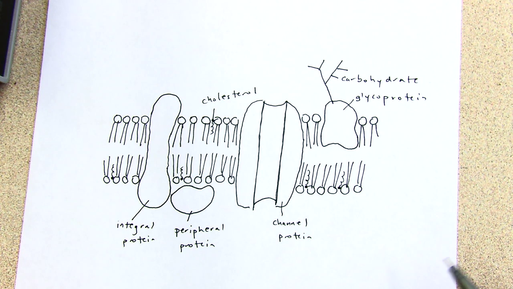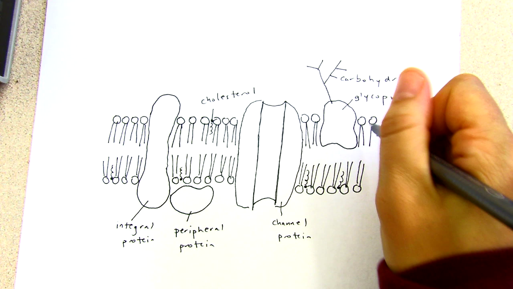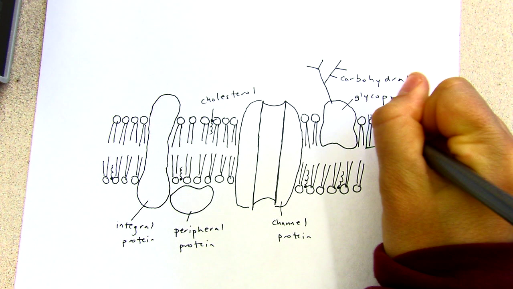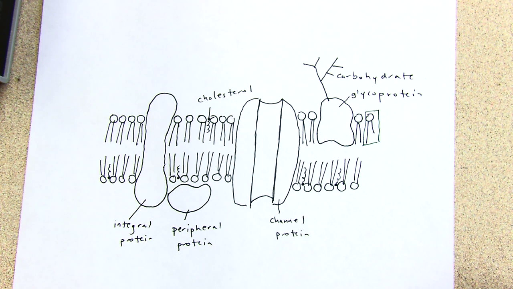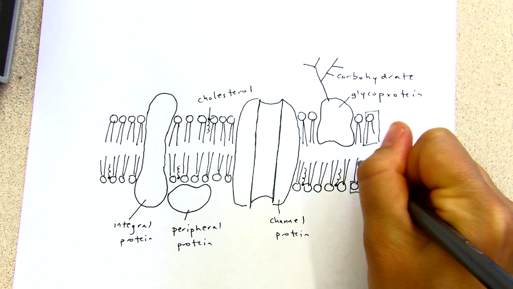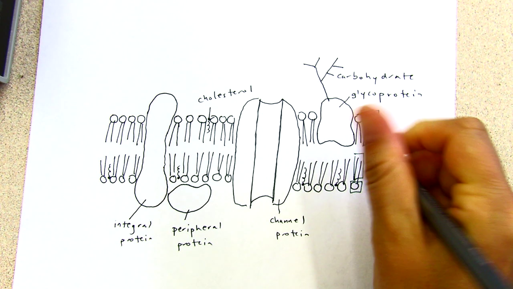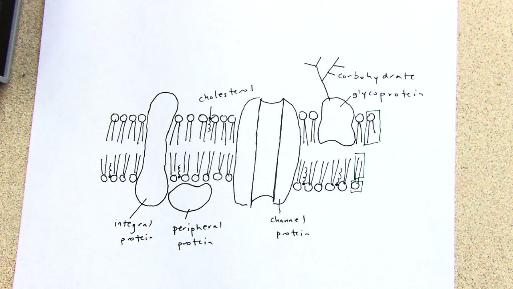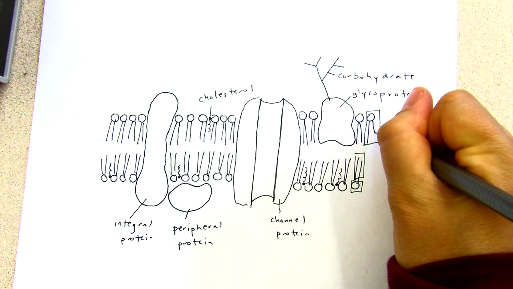And then I'm going to change colors because I want to indicate that I understand that this entire thing is one phospholipid, but we also have important regions that we need to demonstrate our understanding of. I'm going to extend that because it's bothering me.